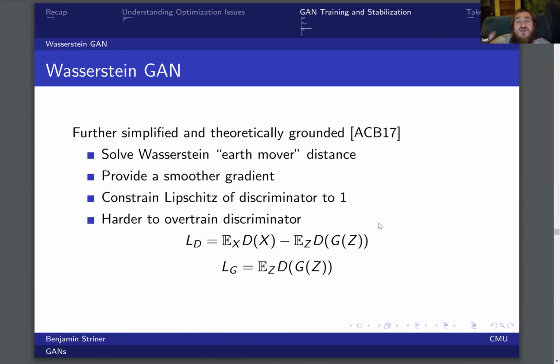And that brings us to the Wasserstein GAN, which was probably the biggest leap. Even though this paper didn't really work that well, it set the foundation for what everyone's kind of doing with GANs these days. So Wasserstein GAN is simplified, it's theoretically grounded, and it works. Yeah, at least this implementation does, and there are a couple papers right after it that work much better. What we do for Wasserstein GAN is we constrain the Lipschitz of the discriminator to 1.